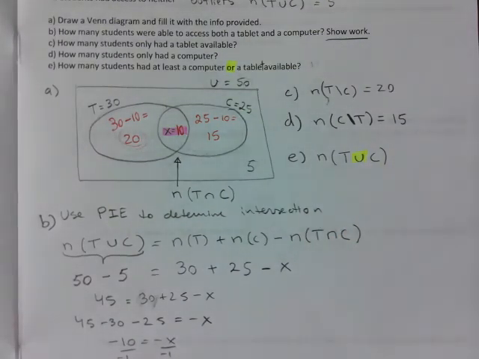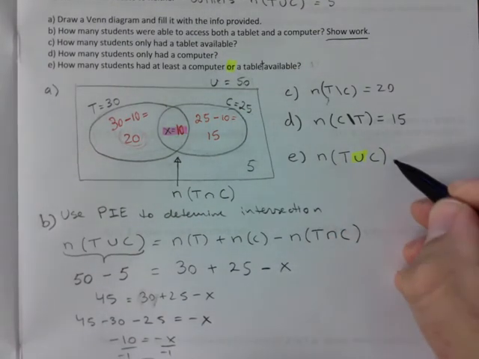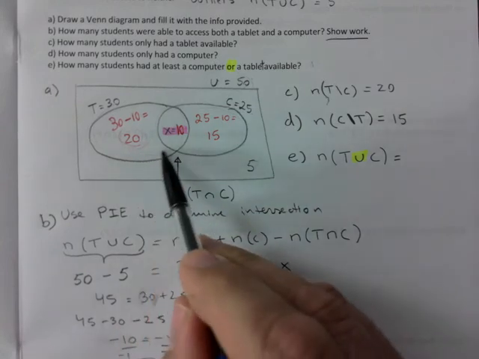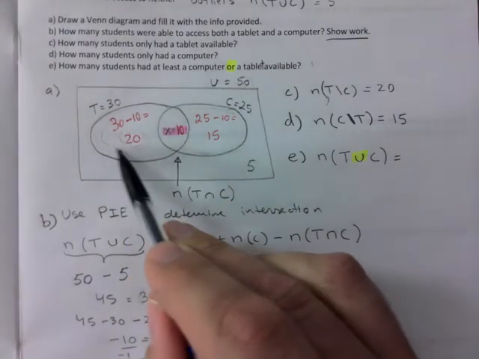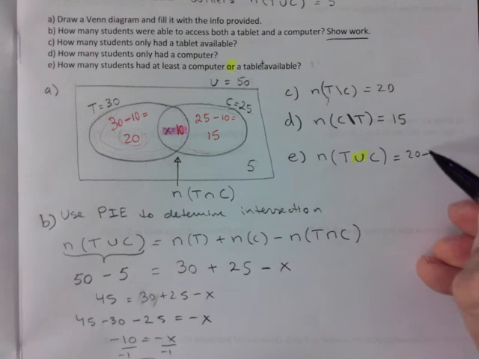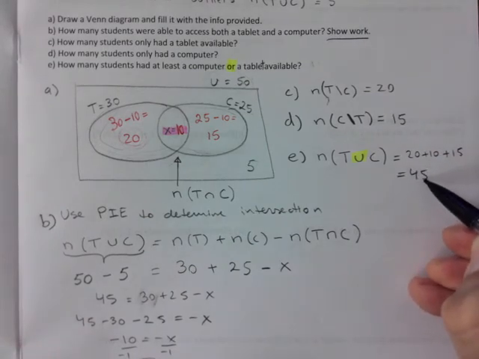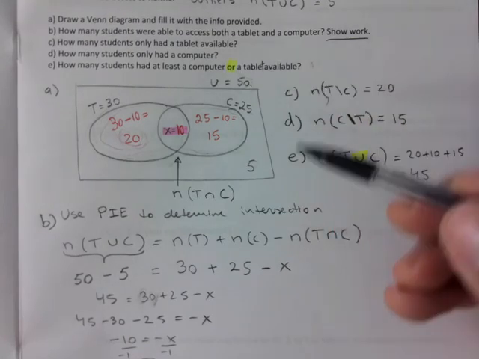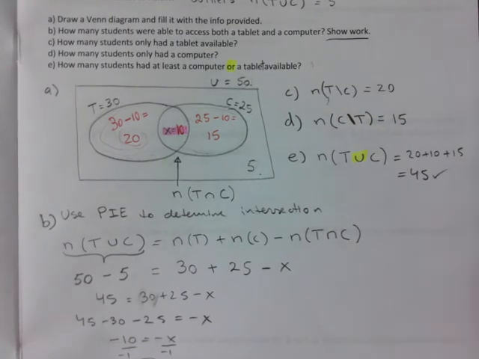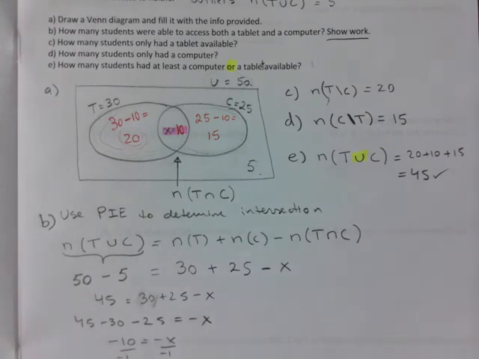And that would be just this, right? Both of these circles all added. So 20 plus 10 plus 15, which is 45, right? Or you could have just said universal minus the outliers to get the same answer, okay?